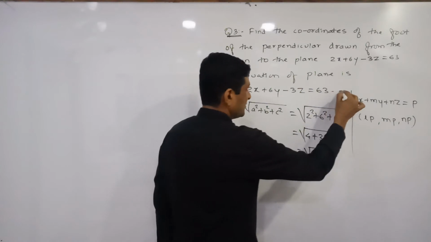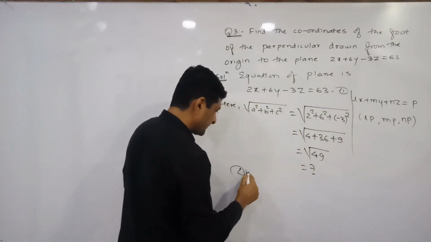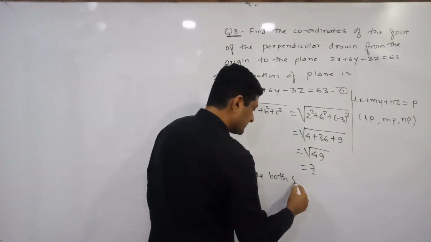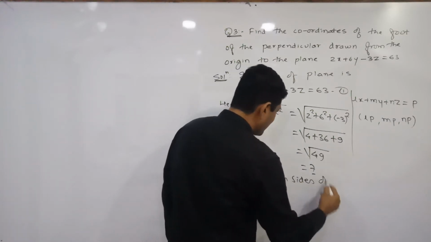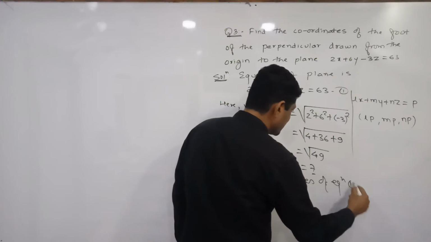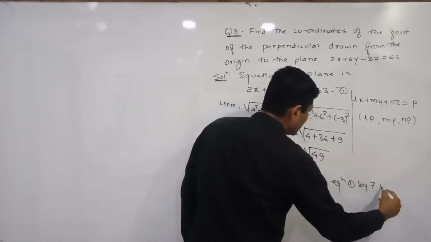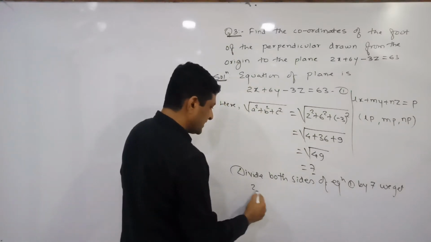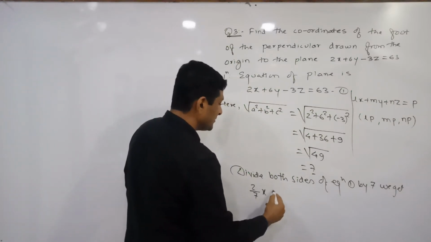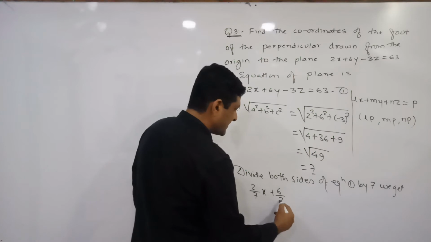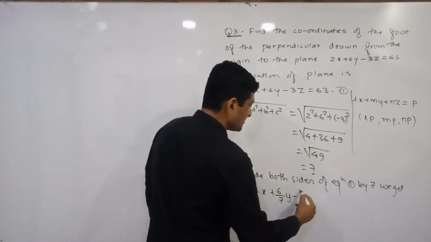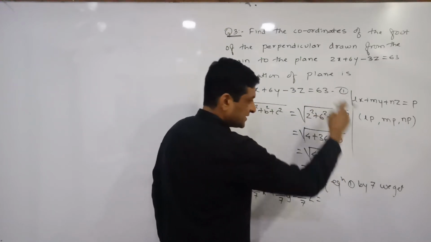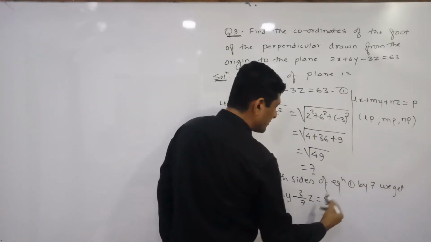So let us denote this equation by equation number first. Divide both sides of equation first by 7. Let us see what we will get. Here we will get 2 by 7x plus 6 by 7y minus 3 by 7z is equal to, on this side, 63 divided by 7, which is 9.